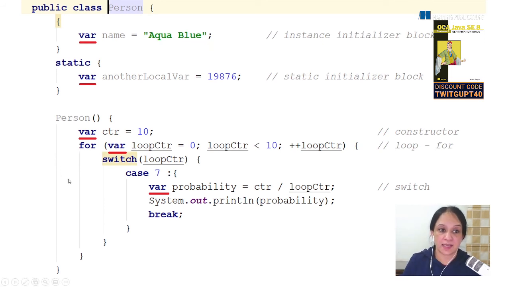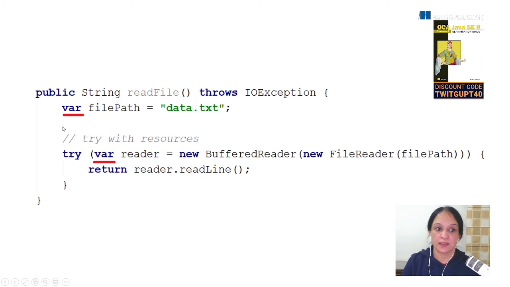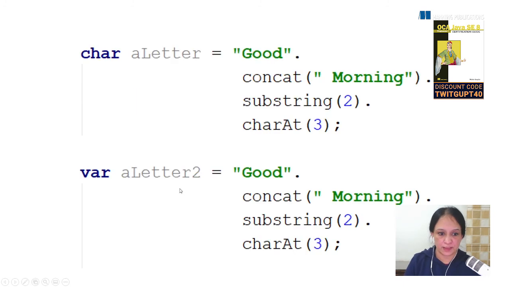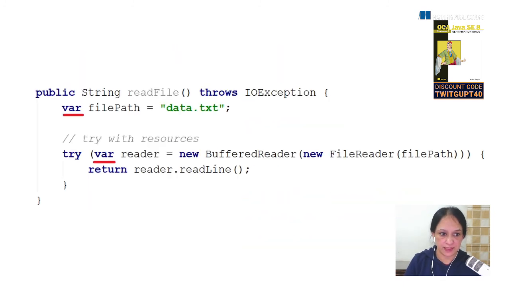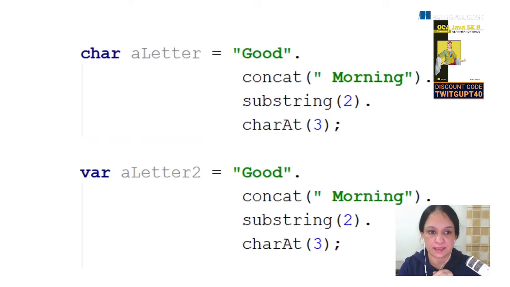So this is a quick example of where you can use var. You can also use it in instance initializer blocks and static initializer blocks. And of course, all these are local variables, as you know, defined within the constructor. Okay, let's quickly go on to the next slide. So yes, this one works as well. Now a quick example about how it benefits, apart from just helping you cut down on the type that you need to write when you are writing your code.